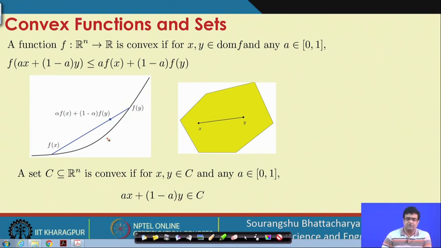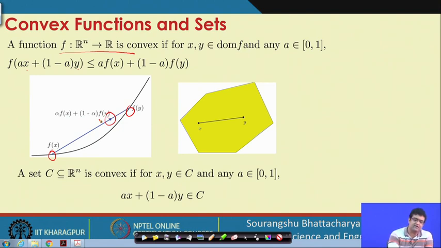The formal mathematical definition is that a function f of x is convex if for any 2 points x and y, you can compute a point on the line joining x and y using this formula: alpha times x plus 1 minus alpha times y, where alpha is between 0 and 1.